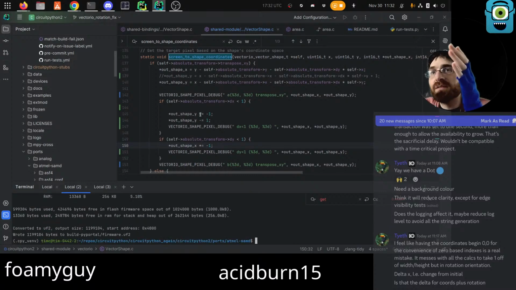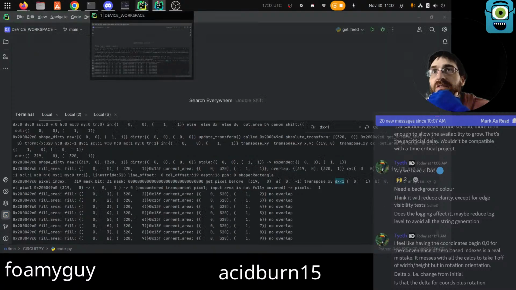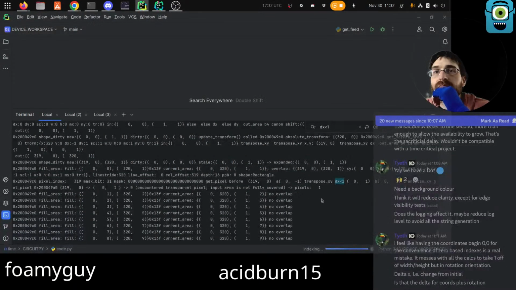I mean, that kind of makes sense. When we're flipping it is pretty much when we need to -1. Let me go find, so yeah, dx is -1, dy is +1.